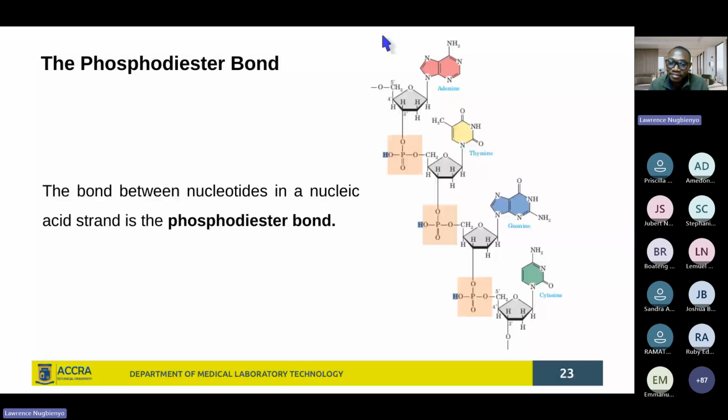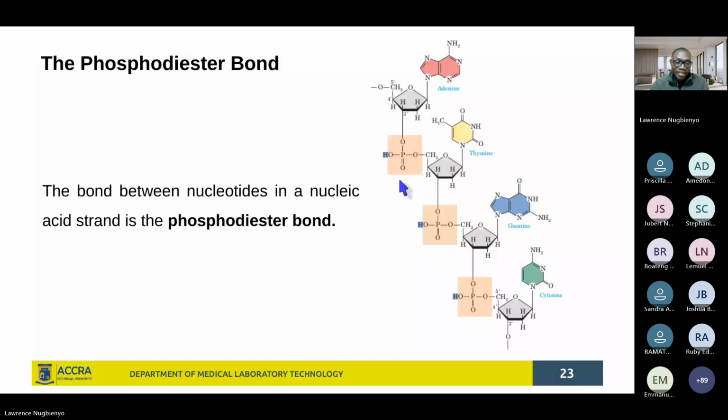It's the same thing. So now when you see those numbers 5 prime, 3 prime, you should know where they come from and understand why it's written that way. You will also understand that the bond existing between these nucleotides is the phosphodiester bond. And the phosphodiester bond exists between which carbons? Carbon number 3 and carbon number 5.